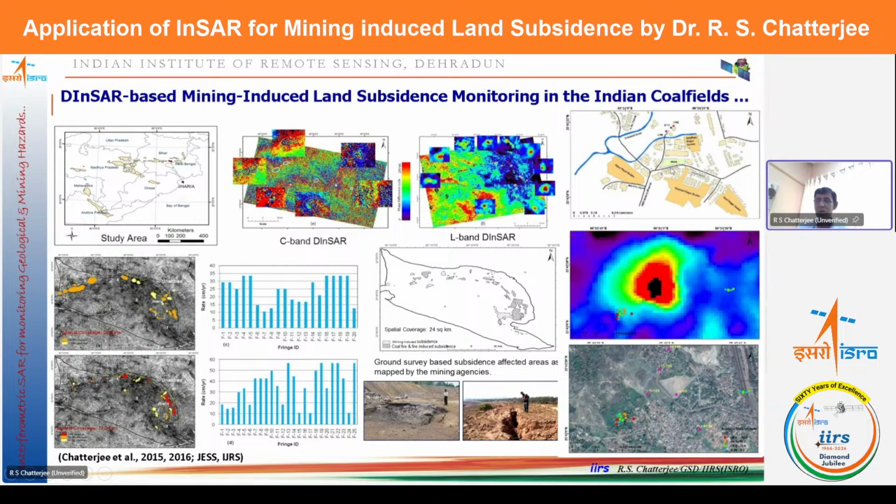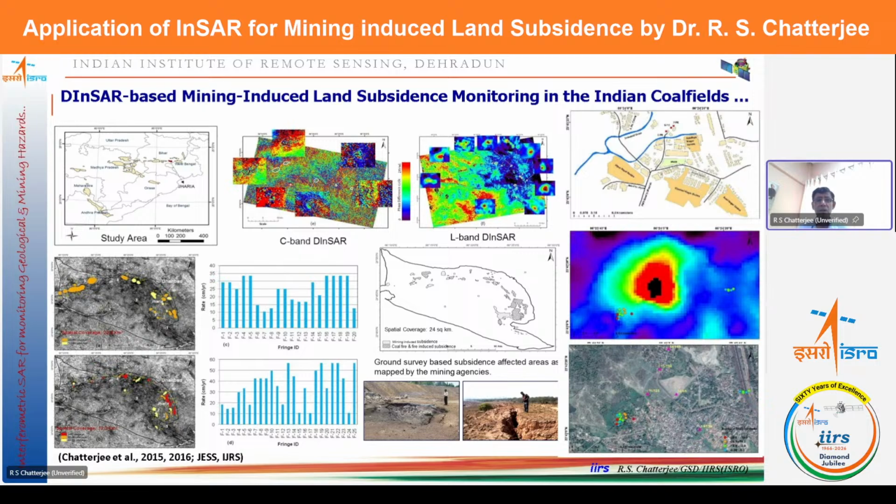Now you see these are the mining galleries and this is the mine plan. Here you see the conventional InSAR fringes, followed by advanced InSAR like PS InSAR, but for that purpose we need a large number of data. Then we can get a very precise deformation history due to the mining.